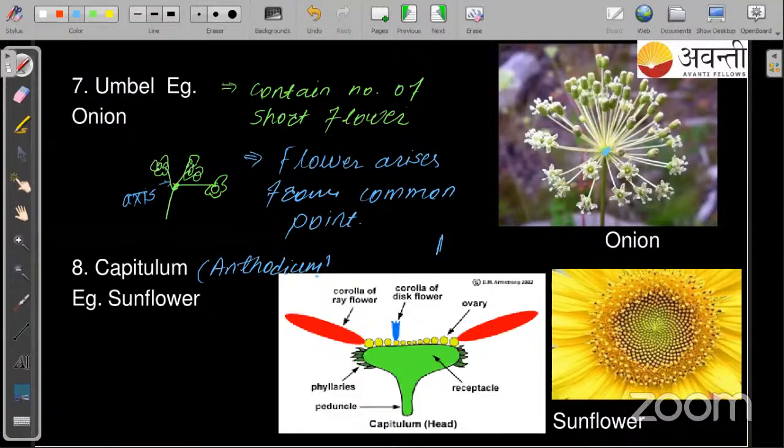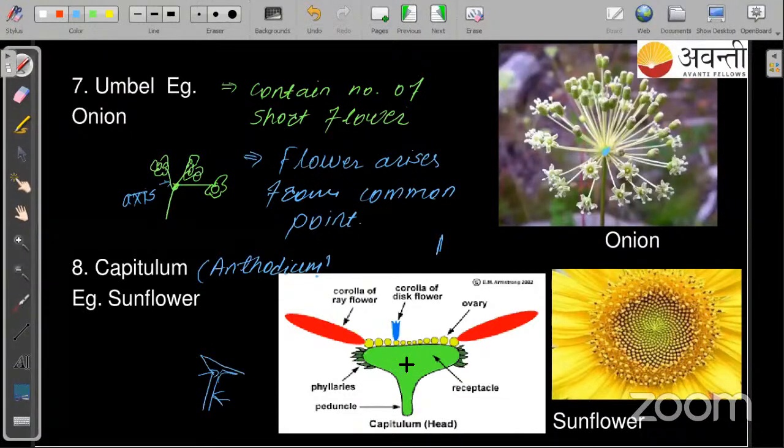The peduncle is flattened here. This stalk-like part is known as the peduncle. So this peduncle is flattened at that point, and after that it forms a receptacle.